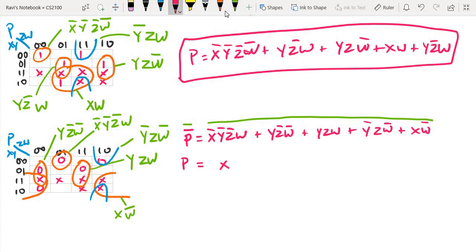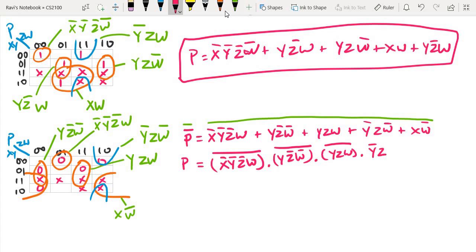And now what I have is X bar, Y bar, Z bar, W. So now I am applying De Morgan's theorem to all the SOP terms here. Once you complete this step, you can see that it is actually quite easy to relate SOP and POS directly from your K-map.